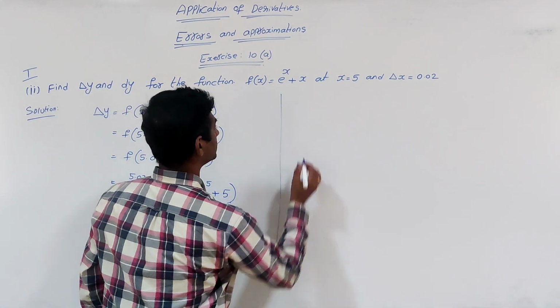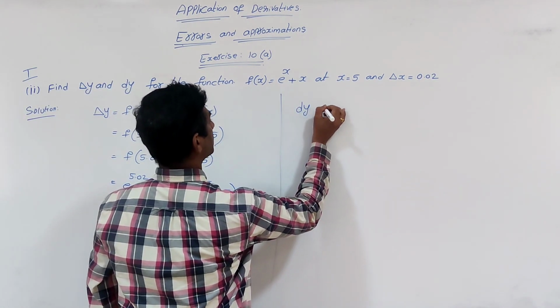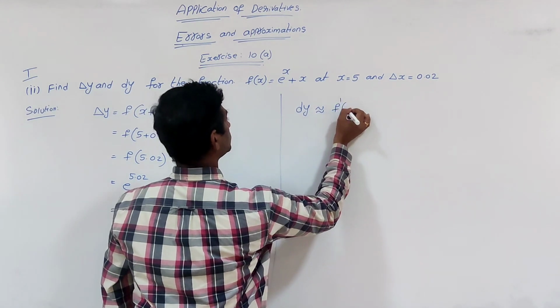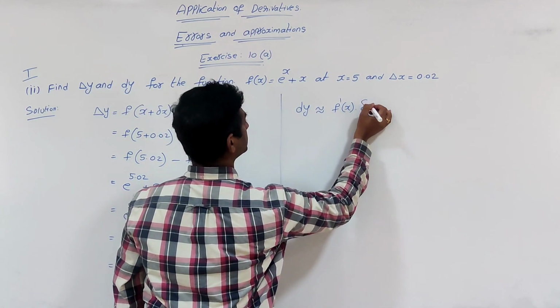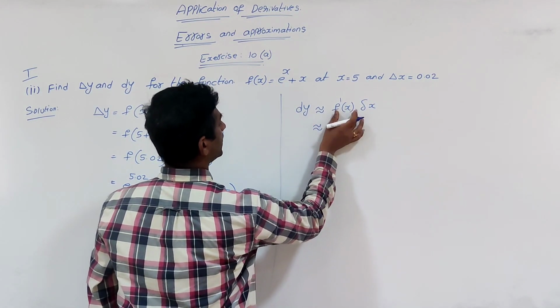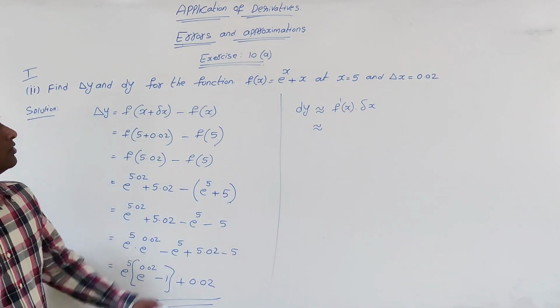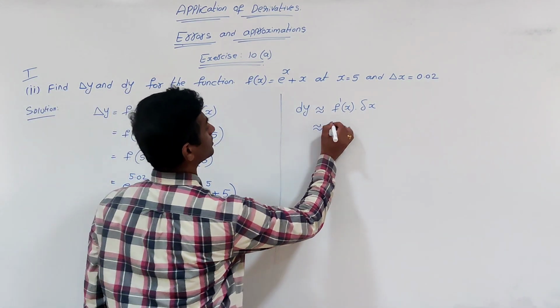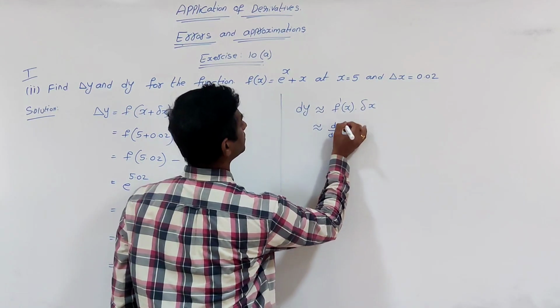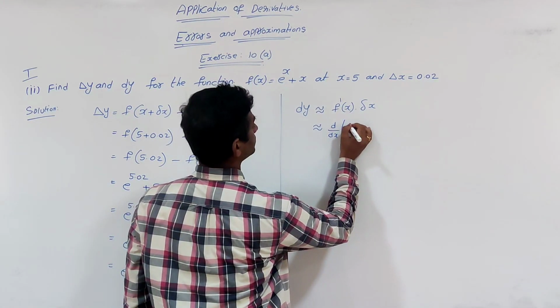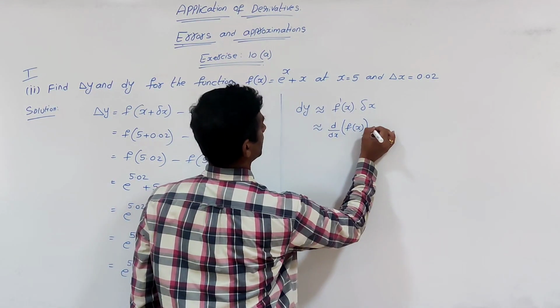Coming to dy. Dy is approximately equal to f dash of x into delta x, which is the derivative of the function. So what is the derivative? D by dx of f of x into delta x.